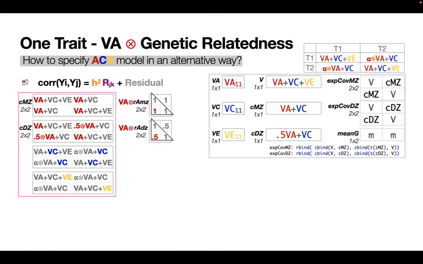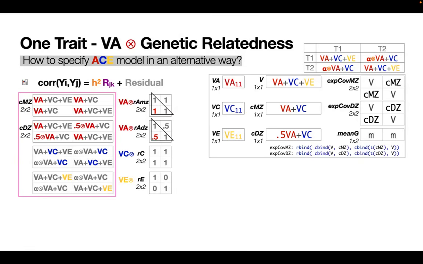If we look at the C matrix, you see that C contributes not only to the variance but also the covariance. So rather than specifying this as a symmetric matrix, we can specify this as a full matrix, where we multiply the variance component for C with the shared environmental expectation of the correlation.